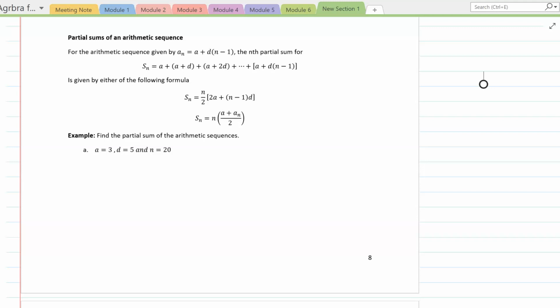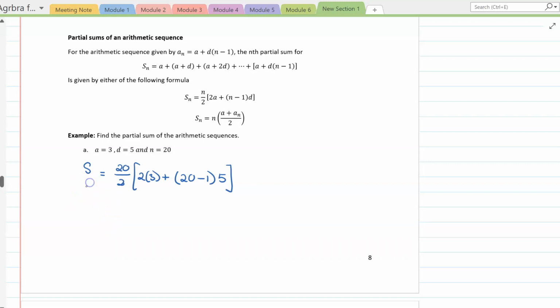So let's take a look at an example. Find the partial sum for the arithmetic sequence given a equal 3, d equal 5, and n equal 20. Then this means S sub 20 is equal to 20 divided by 2 times 2 times 3 plus 20 minus 1 times d, which is 5.